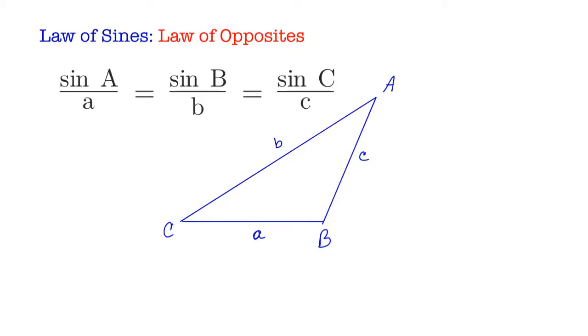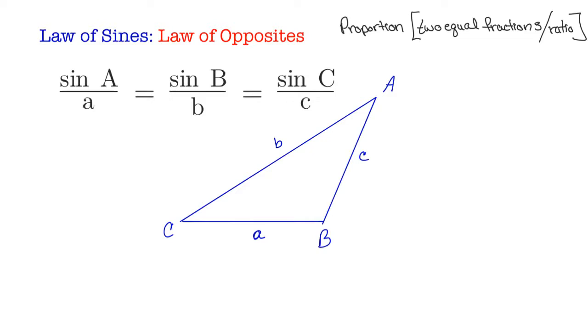Okay, well, the law of sines, I like to refer to it as the law of opposites, because it's a proportion, which basically just means two equal fractions or ratios, and the ratios are basically the sine of an angle over its opposite side.